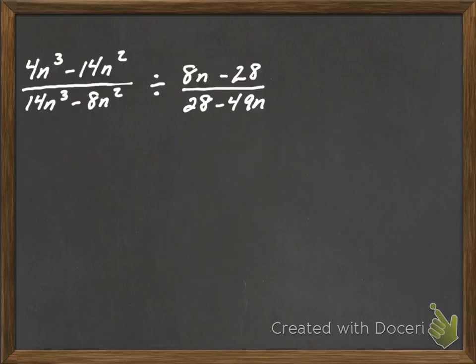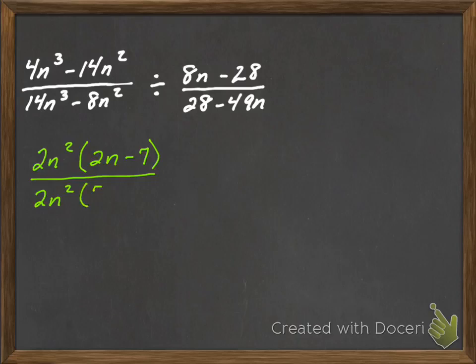All right, so now we're dividing with polynomials. In the numerator, the first thing we do is take out a GCF. We can take out a GCF of 2n squared, which will leave us with 2n minus 7. The denominator, we can also take out a 2n squared, which will leave us with 7n minus 4.